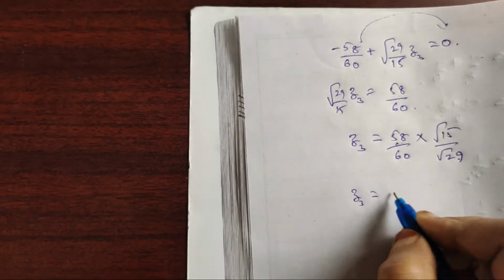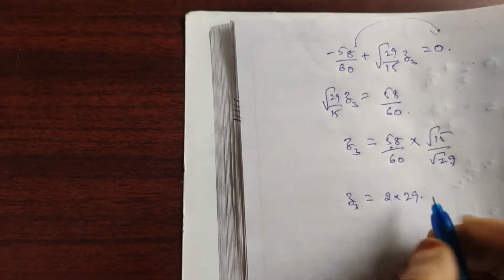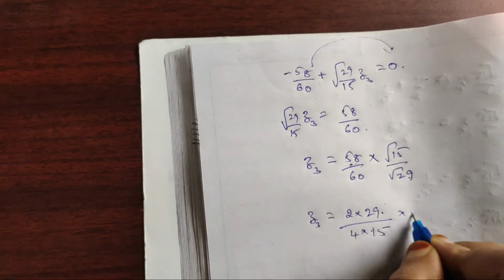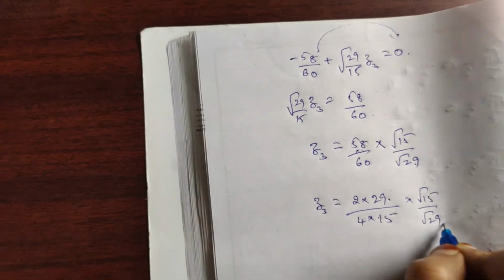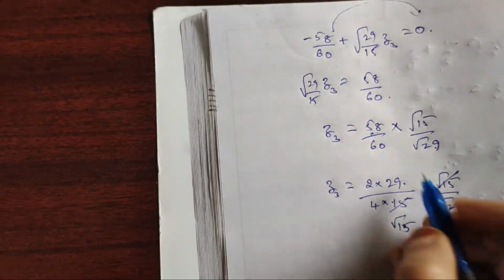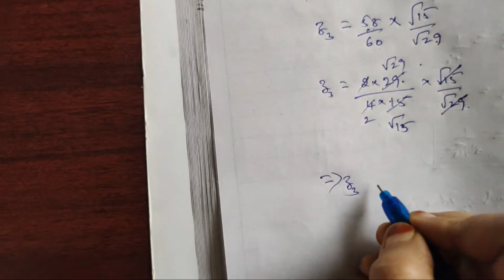Z3 equals 2 into 29 divided by 4 into 15 into root 15 by root 29. So from here I can cancel and I am left with root 15, and this will get cancelled, and here I am left with 29, 2 ones are, and this is 2. So the Z3 value equals root 29 divided by 2 root 15. So the second step is also over, where we got all the Z values.